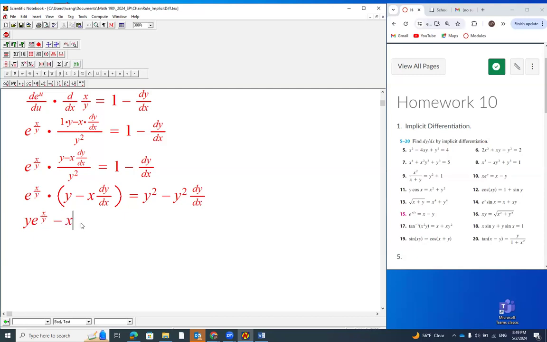So we get x multiplied by e to the power of x over y, and multiplied by dy dx. So now we're ready to move the terms around.